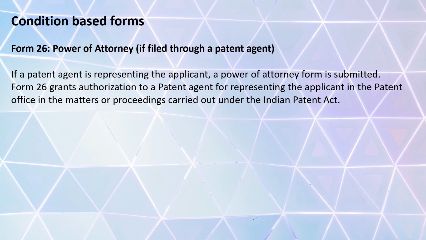If you ask me, I would always recommend you get a patent agent or a patent attorney, because the patent office has a lot of rules, formats, and formalities defined, which an inventor or an applicant who is not from the patent background does not have the knowledge about.